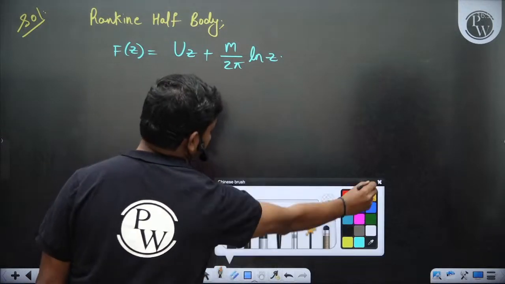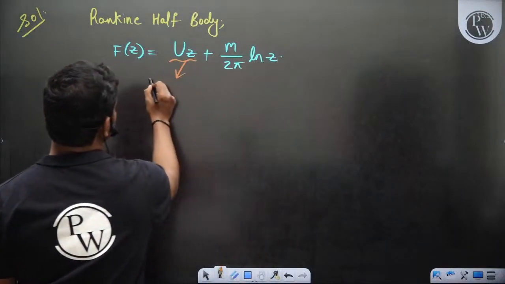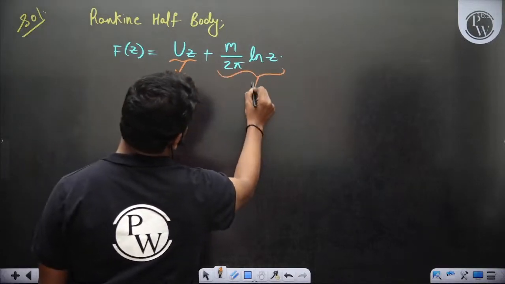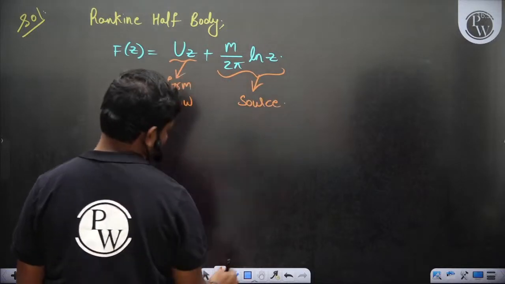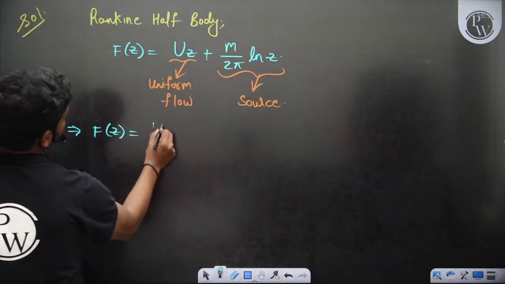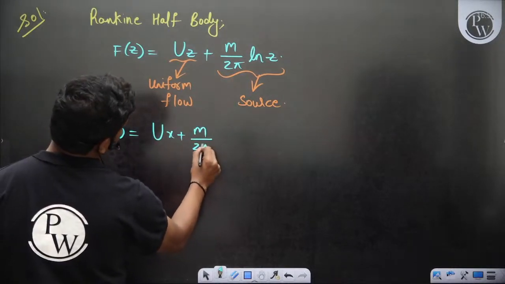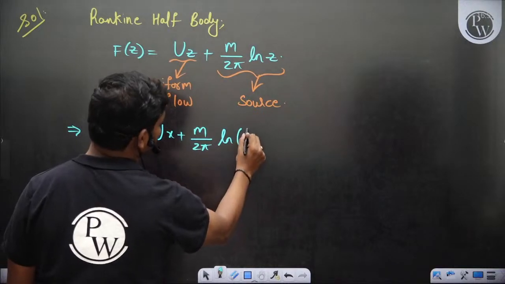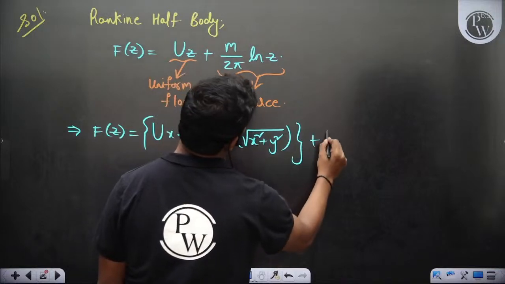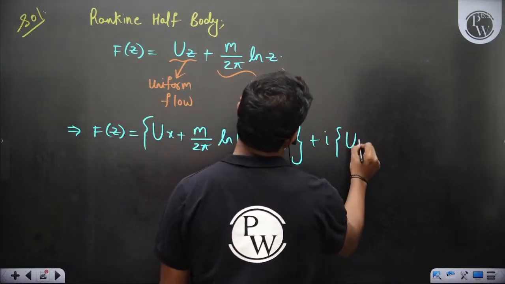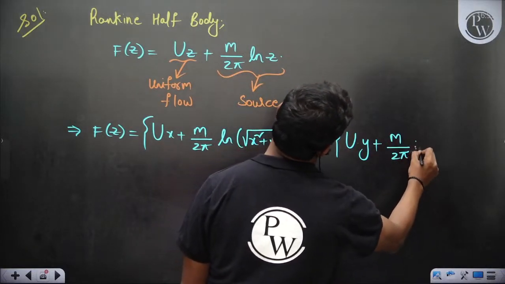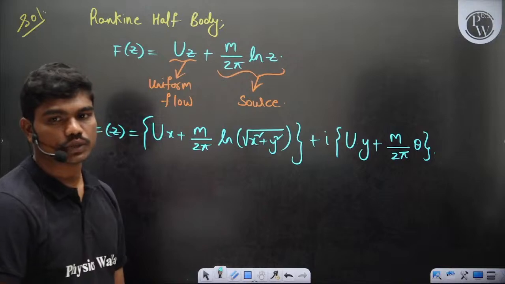So this is for your uniform flow and this is for your source. Okay, so you want the stream function. Let's see, ux plus m by 2 pi ln r or ln root of x square plus y square, whatever. So this is the real part, plus i times of u into y plus m by 2 pi times theta, m theta by 2 pi. That's all. Okay, so this is the streamline.